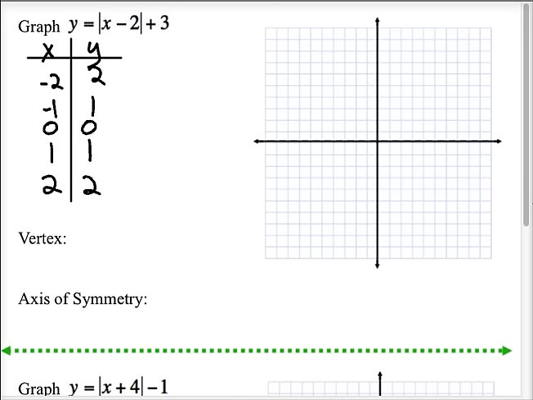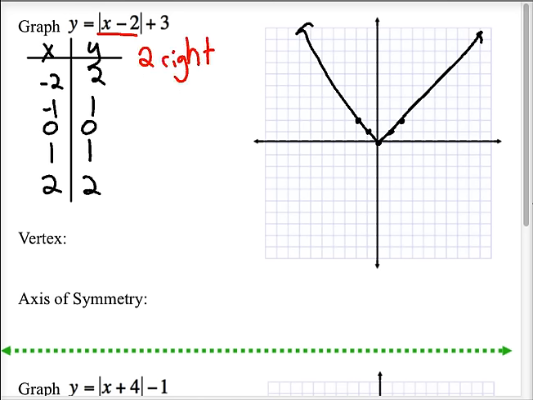All you have to do is put in values, wipe off the signs from them. So this is what that parent function looks like. But then what's happening is this being shifted 2 to the right and 3 up.